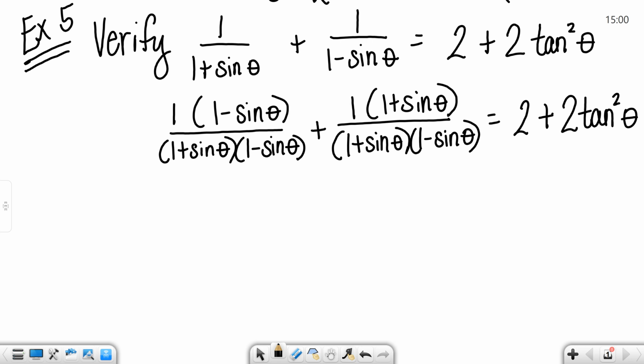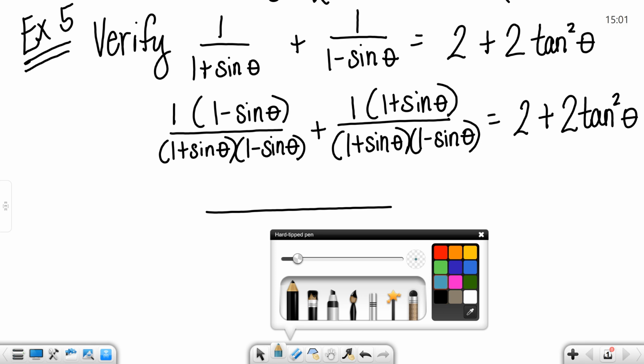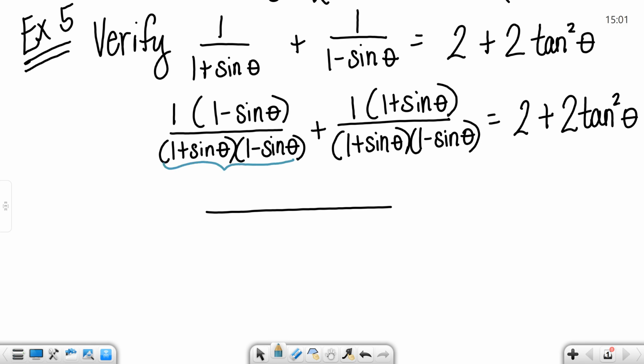All right, now that on my left I have a common denominator, I'm going to do a couple of things. I'm going to go ahead and multiply that out. I know that when I multiply these two out, I get 1 minus sine squared theta. I did FOIL.